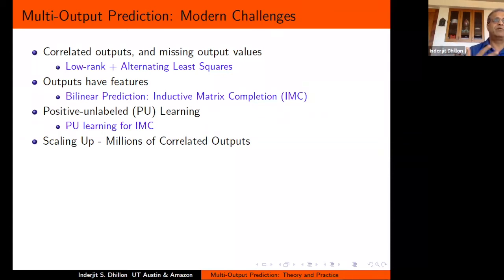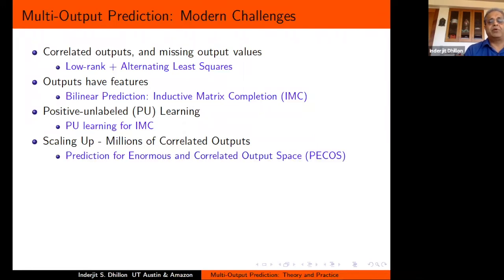So for example, if you have users and movies, for a new user or even an existing user, you need to go through all the movies, even though you are only interested in the top K predictions. So the question is, can you somehow quickly prune out this output space so that you do not need to search over all the output space?